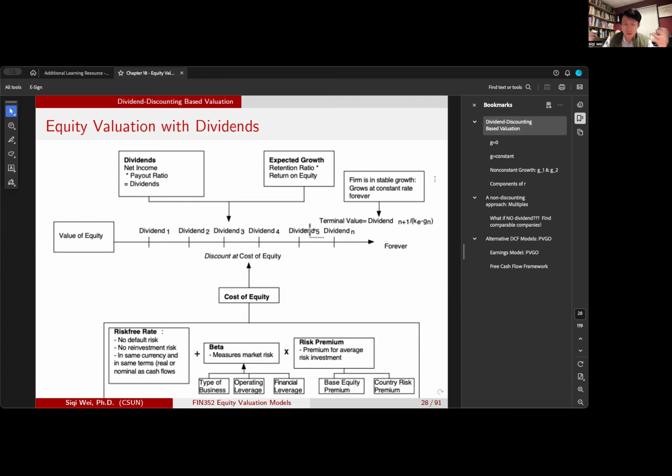Now, to establish the discounting process, we need a discount rate. That rate is sourced from the cost of equity.